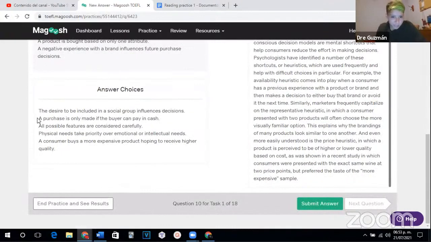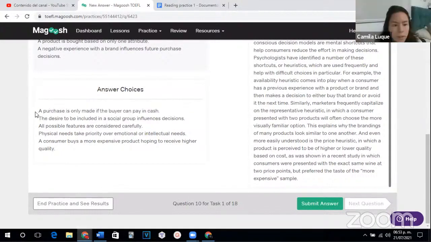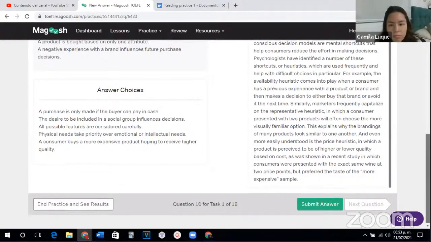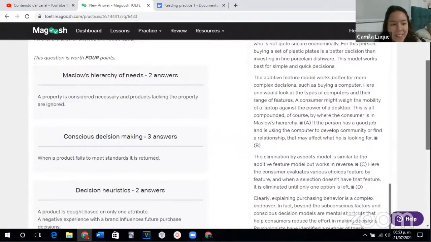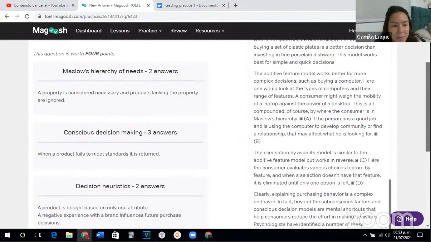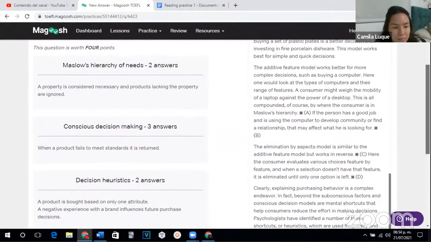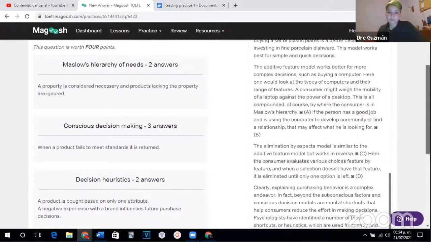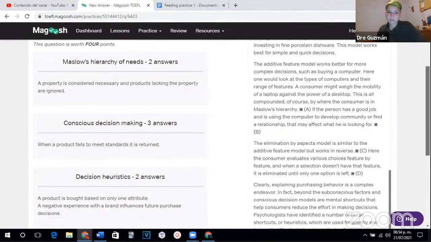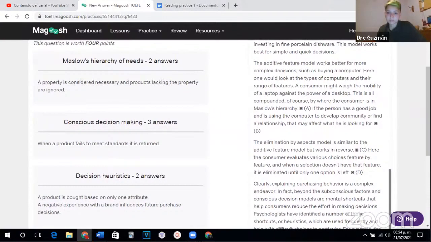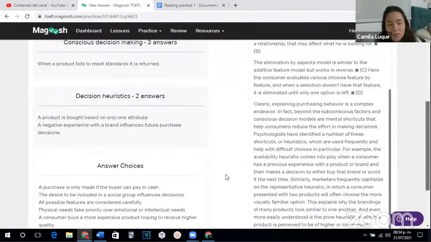Camila, can you read the next one, please? This one. A purchase is only made if the buyer can pay in cash. Maybe it's like a conditional. A conscious decision.